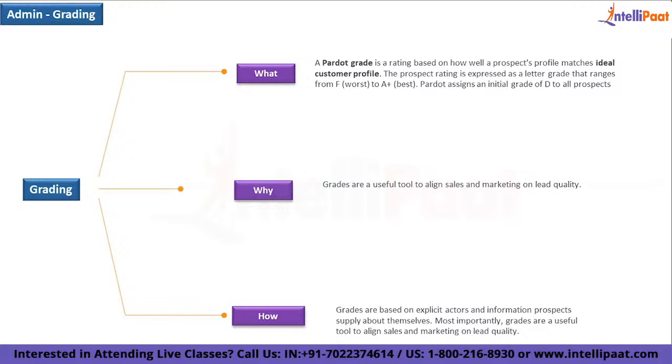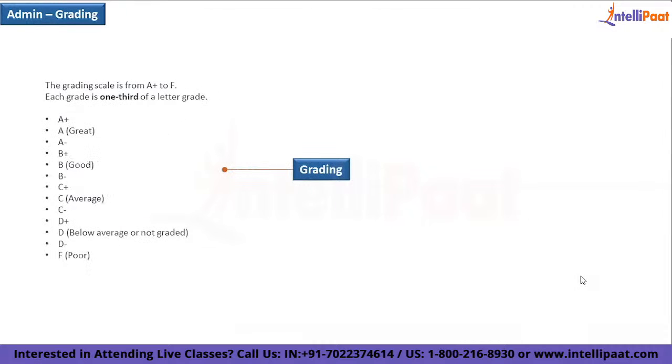So when it comes to scoring, that's what the next slide talks about. When it comes to grading, you can grade them differently depending on how much they match my ideal prospect.